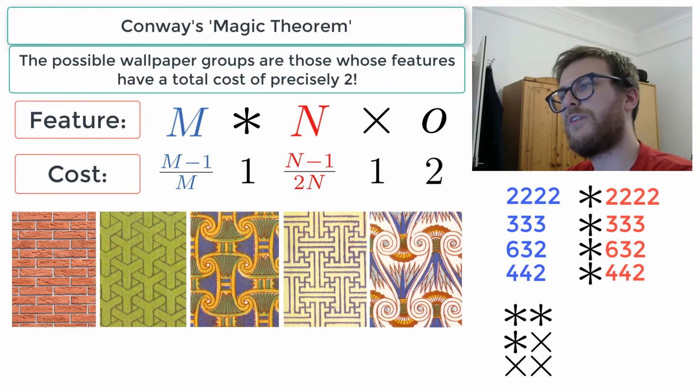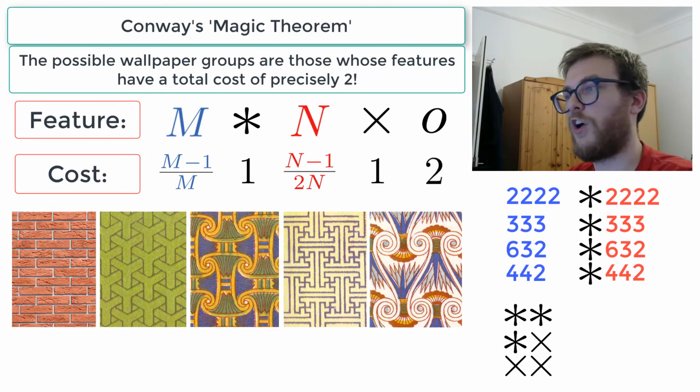Try to figure out what the symmetry groups of these examples are, and match them up to the other possible combinations of features that you can try to work out yourself by getting the cost to add up to precisely 2. These extra 5 hybrids bring the total number of wallpaper symmetries to 17, which is the full number.